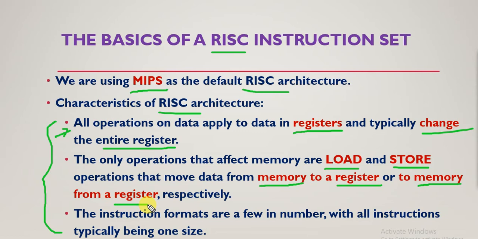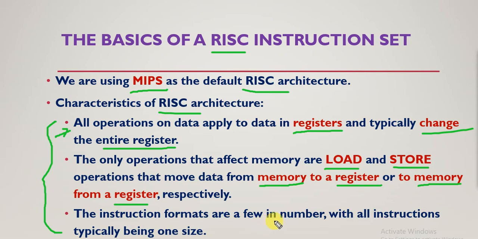So movement between memory and register is done by using load and store instructions. If you require some data as input, we use load, taking it from the memory. If you want to store the result into the memory after the completion of execution, the result is present in the register, and we use the store operation to move it into the memory. Only when we use load and store do we need a reference to the memory; at other times we focus only on registers.